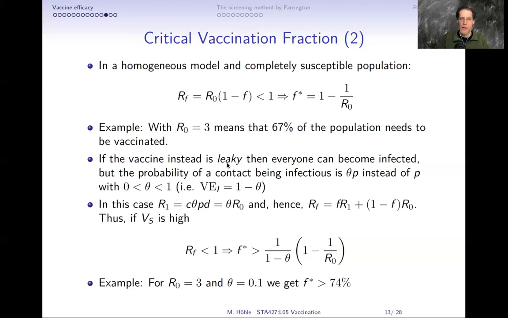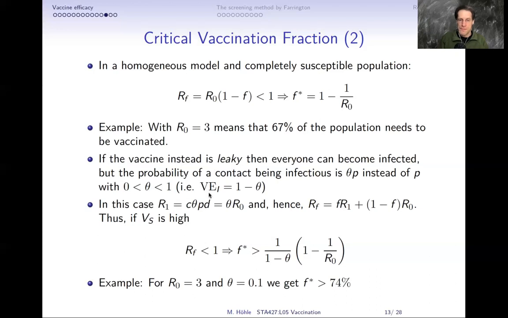That means everyone can still become infected, but the probability of a contact being infectious, so if you meet somebody, the probability is not P anymore, but it's now theta times P, where theta is between 0 and 1.